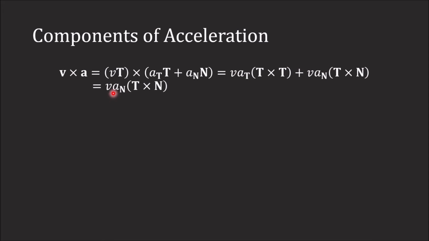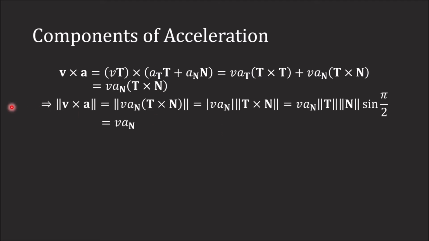So we're left with v a sub n, T cross N. Now take the magnitude. So the magnitude of v cross a is the magnitude of this, which is the absolute value of v a sub n times the magnitude of T cross N.